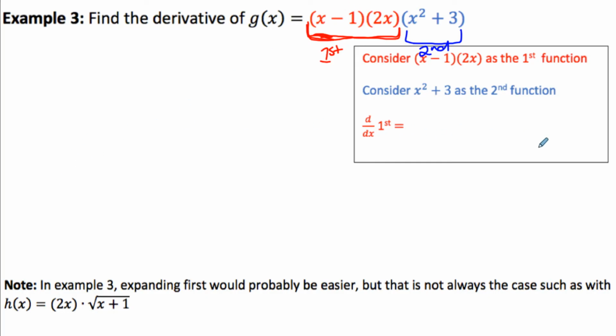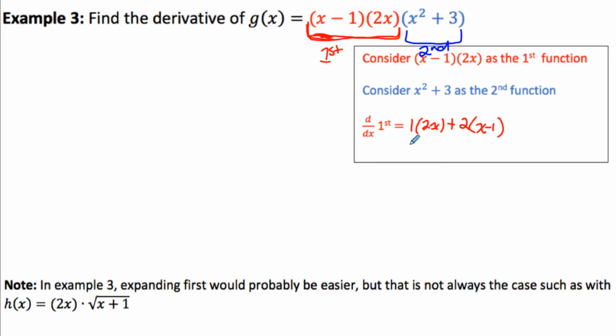So off to the side, I've given us space to find the derivative of that first function, the stuff I've coded in red. The derivative of the first function would be the derivative of x minus 1, which is 1, times the second part, 2x, plus the derivative of 2x, which is 2, times the first part, x minus 1.